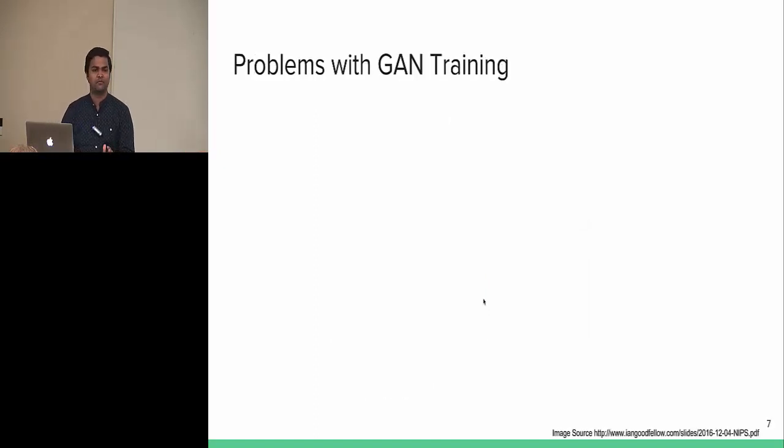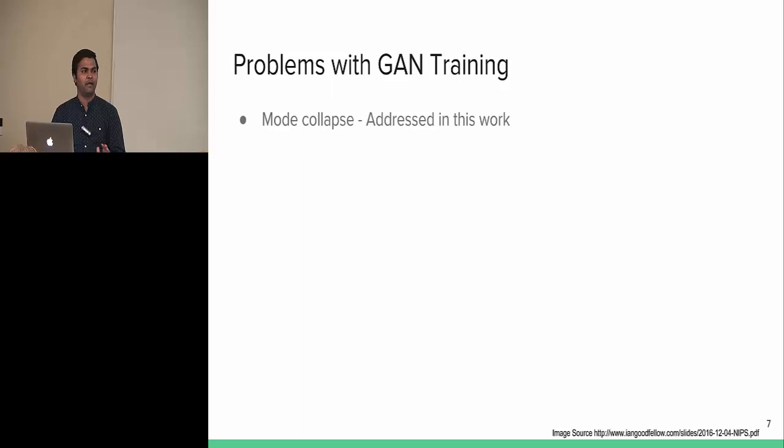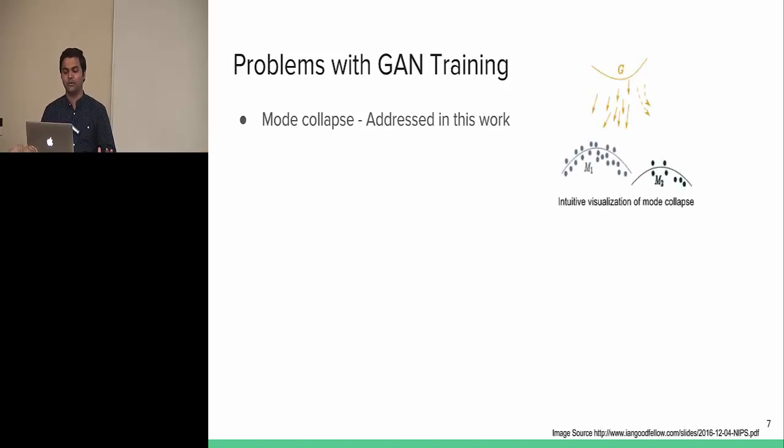So there are many problems with training GANs. One of the main problems, which is there in almost all the GAN models that have been proposed, is called mode collapse, which is addressed in this work. This representation is an intuitive visualization of mode collapse, where the distributions here are the target distributions that you want to learn, and it has two modes. One of the modes has more data samples, and the other mode has few samples.